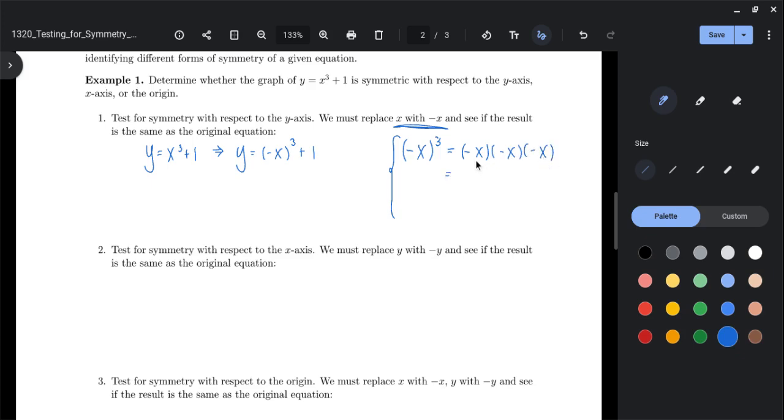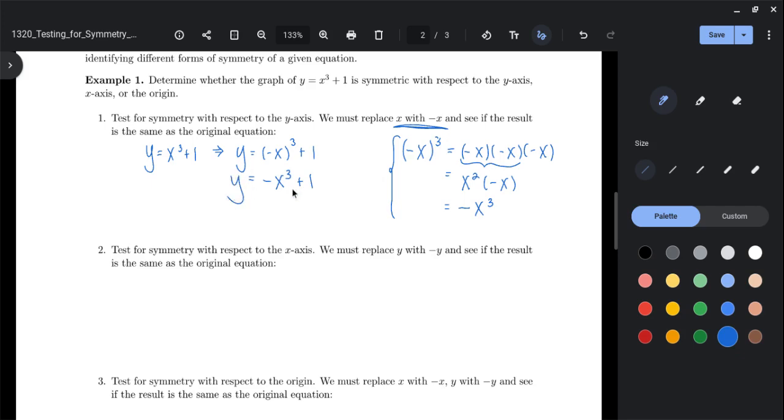And so if I were to multiply the first two, negative x times negative x, a negative times a negative is a positive, x times x is x squared. So now I have a positive x squared times a negative x. Positive times negative is negative, x squared times x is x cubed. So this quantity negative x being cubed is actually going to be a negative x cubed. So we can rewrite this and drop our parentheses.